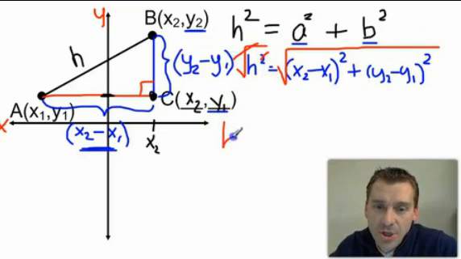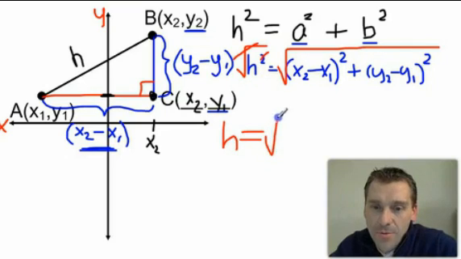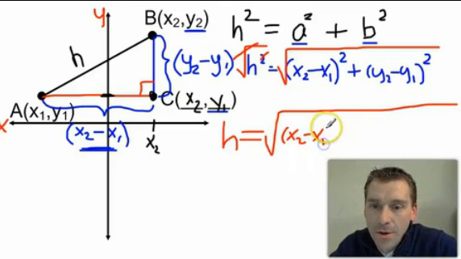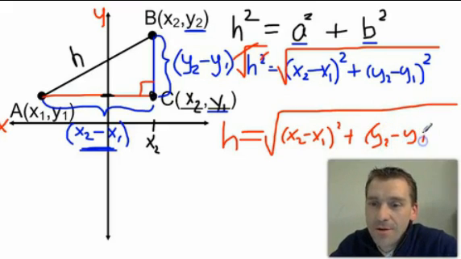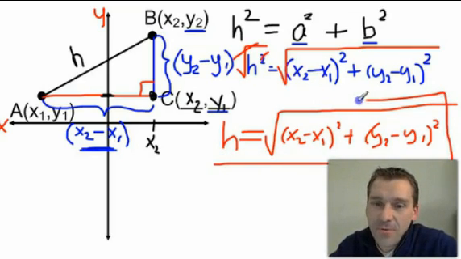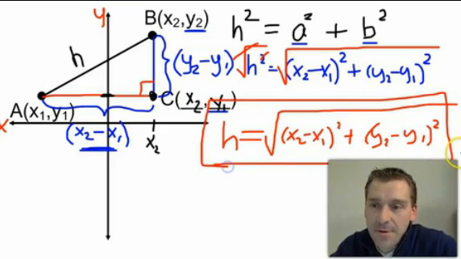And what you're left with is h equals the square root of x2 minus x1 squared plus y2 minus y1 squared. Oh, that looks familiar, it better. I love it. What is that? Nothing more, ladies and gentlemen, than your friendly old distance formula. So we just derived the distance formula by using the Pythagorean theorem.